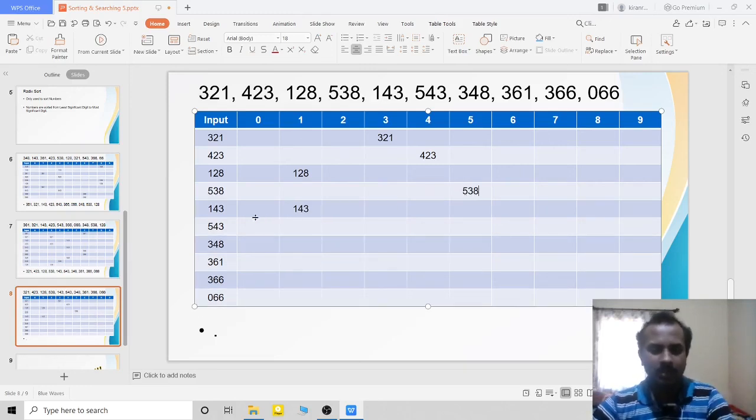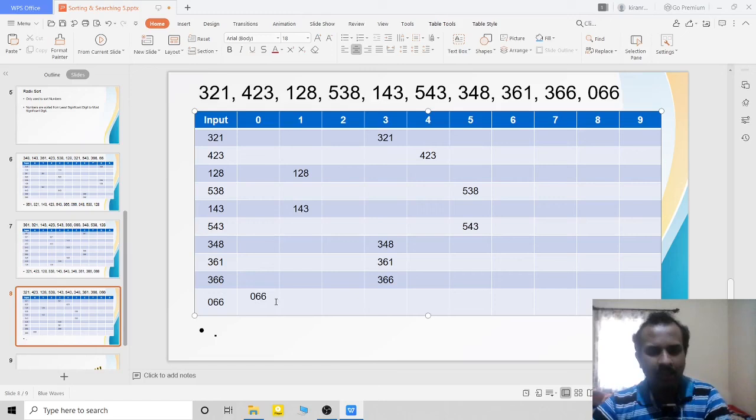Because I am checking the 100th place. Now 543. 348 will come under 3. 361 again will come under 3. Next 366 will again come under 3. Then 066 will come under 0. That is why I added the 0 at the beginning.